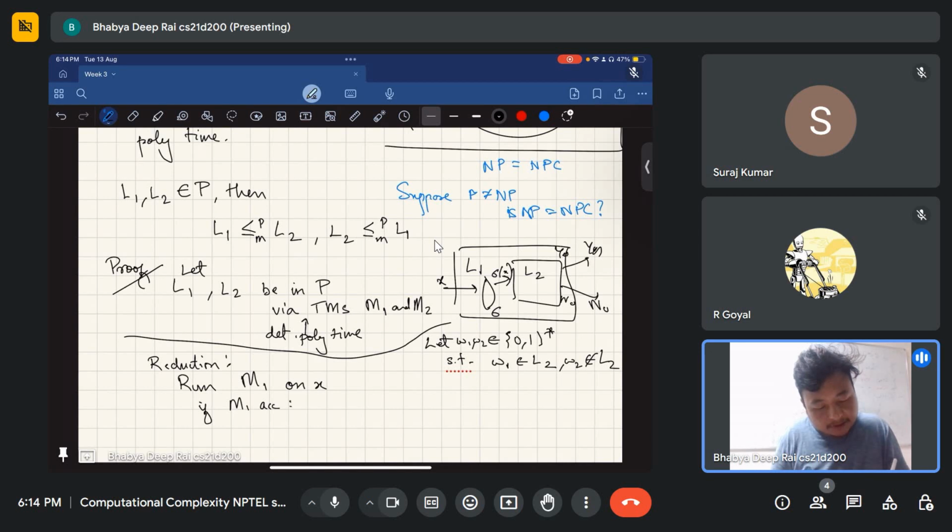I run W1 on M2, and M2 will obviously accept, because W1 is a string that belongs to L2. I already know it beforehand. These are constants, fixed.